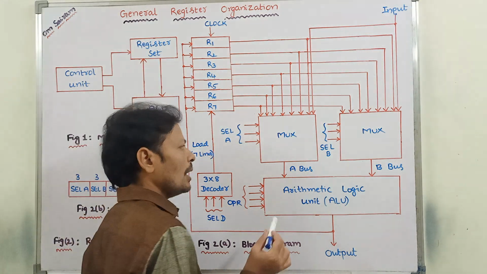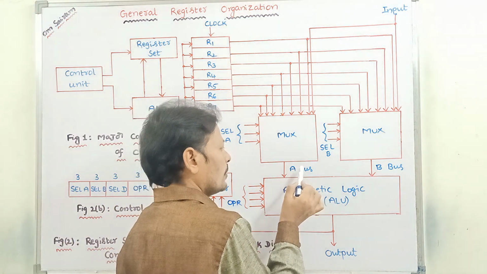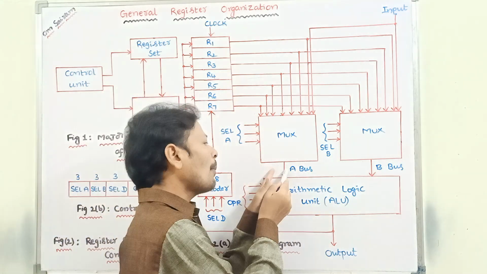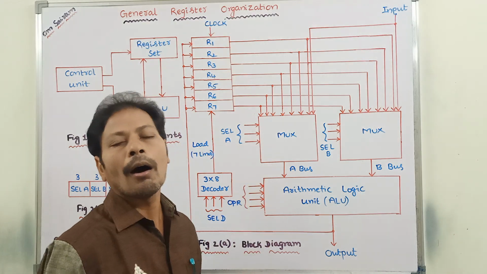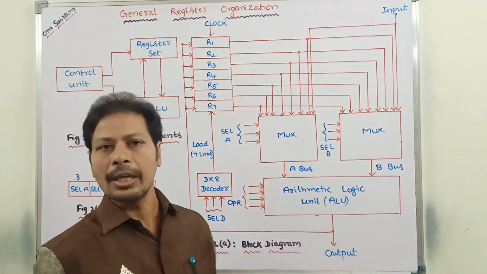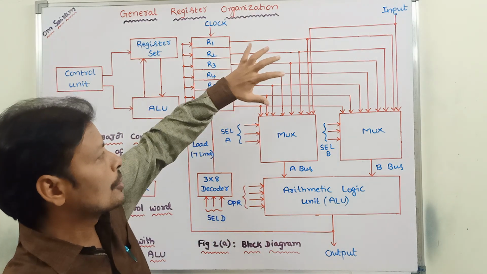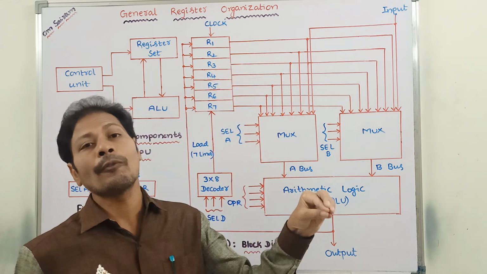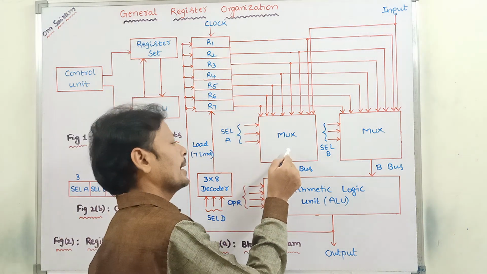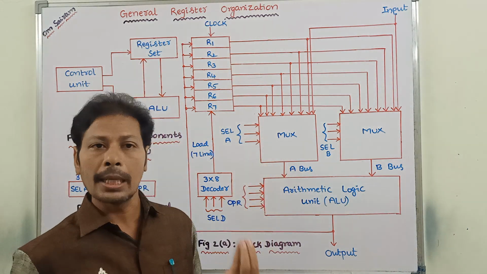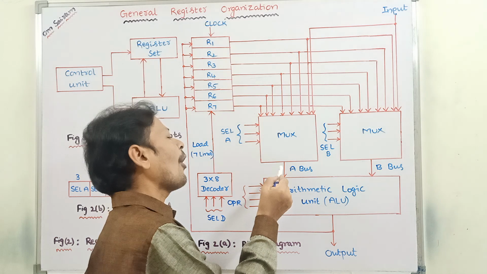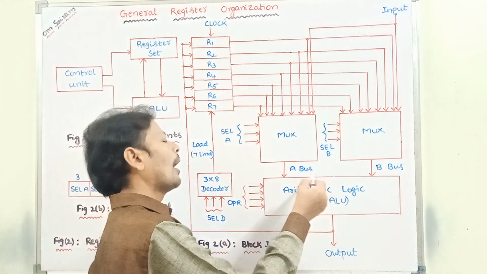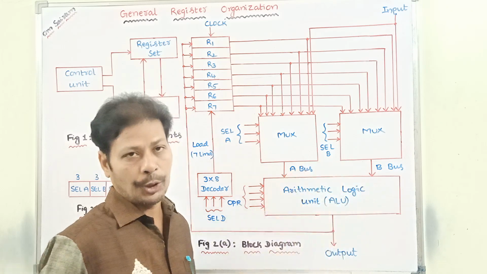Next one, these bus inputs form the input for the arithmetic and logic unit. Whatever the source register that is selected, the content of the source register is transferred to bus A. The content of bus A forms input for the arithmetic and logic unit.